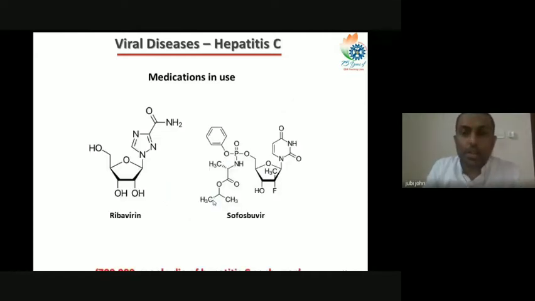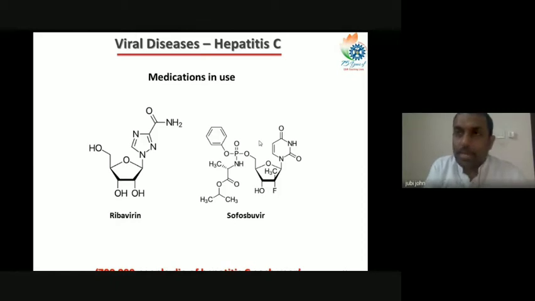And when it goes to hepatitis C, these are the 2 molecules which are available now for the treatment in our country. And if you look at the molecule sofosbuvir, this is a very recent introduction as a drug. And the point here is that this drug is very expensive. In the United States, one treatment regime of this drug costs close to 1 crore rupees.